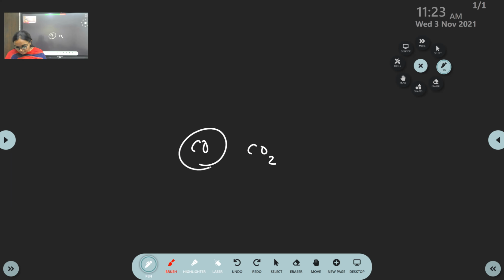Next, distribution. Distribution of petroleum and natural gas in India. It is divided into two parts, onshore distribution and offshore distribution.